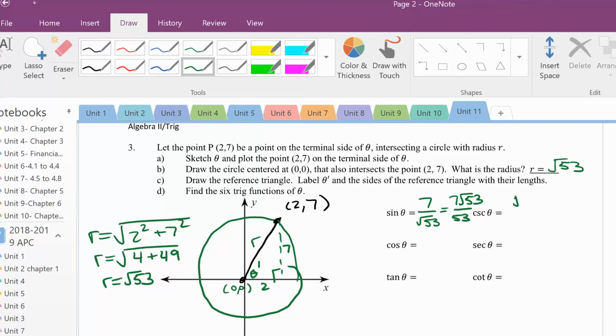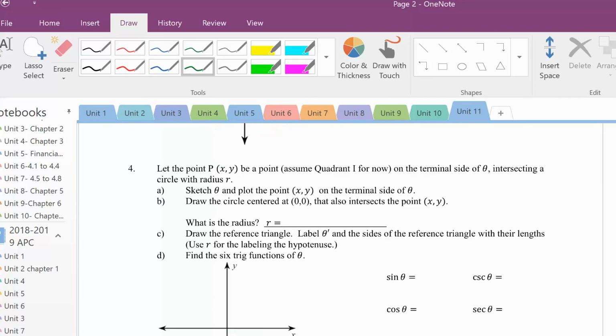The cosecant is rad 53 over 7. The cosine is 2 over rad 53, which rationalizes to 2 rad 53 over 53, and the secant is rad 53 over 2. And then the tangent is 7/2, and the cotangent is 2/7.